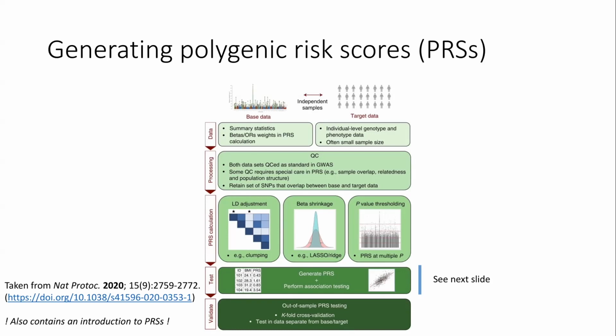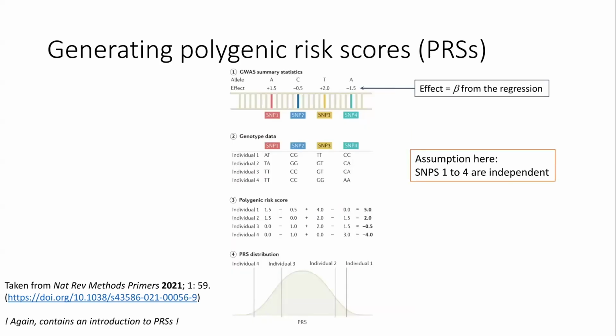after you have taken out the independent signals, you can perform the actual polygenic scoring, and that's shown in this slide. So let's say here on the top we have 4 point variations, 4 SNPs, and we assume that they are independent.